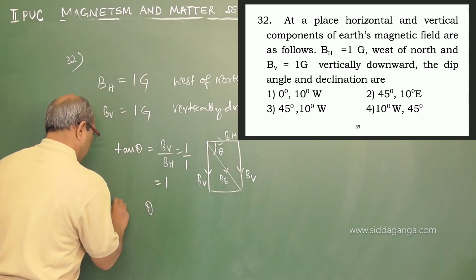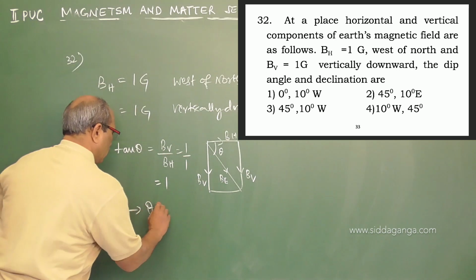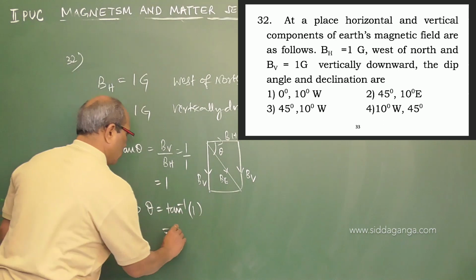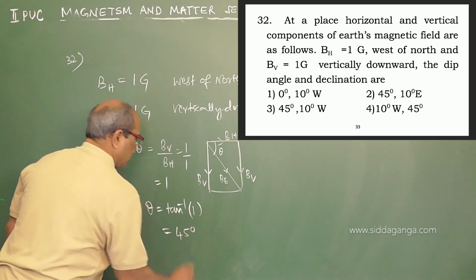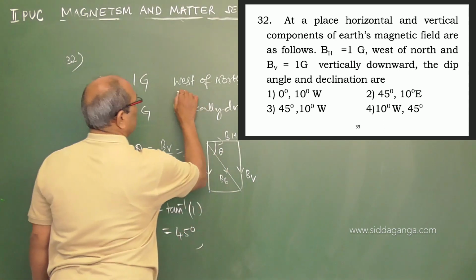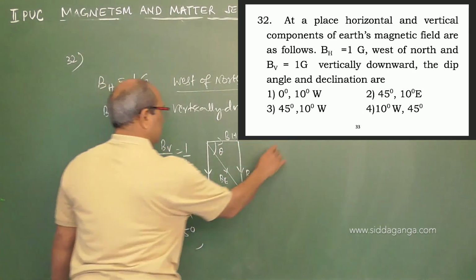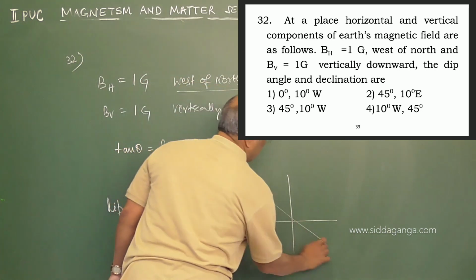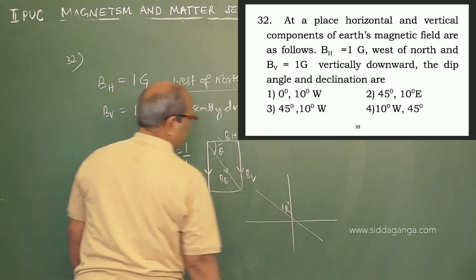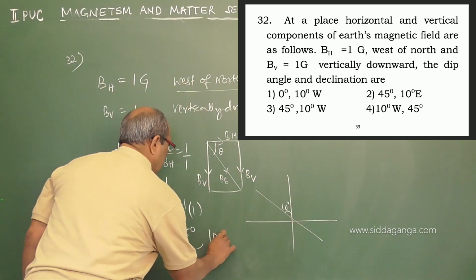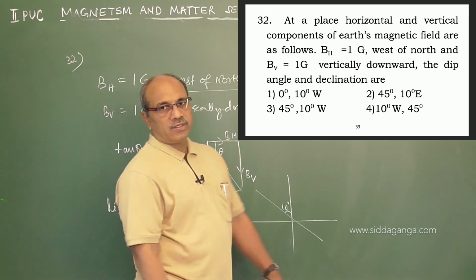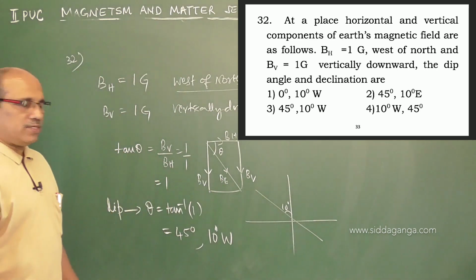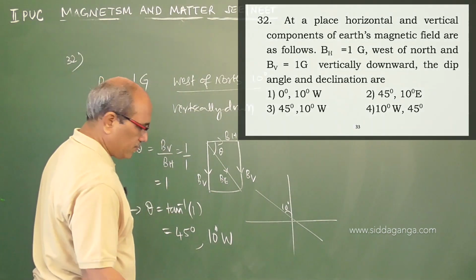Therefore, dip is equal to tan inverse of 1, equal to 45 degree. And it is 10 degree west of north, so the declination is 10 degree west. 45 degree and 10 degree west, option number 3.